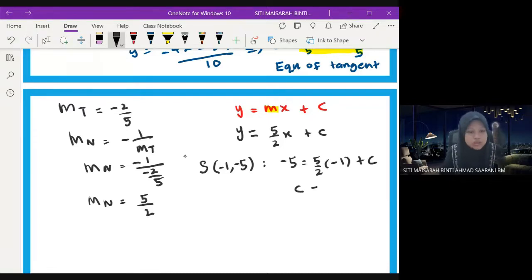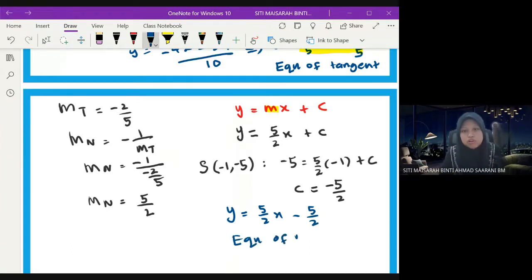So we get c is equal to negative 5 over 2. Okay, so finally equation of the normal kita is Y equals to 5 over 2x minus 5 over 2. So this is equation of normal. Yang ini.